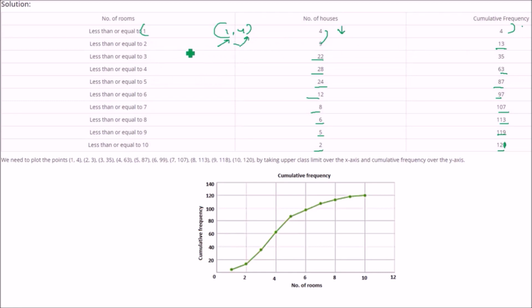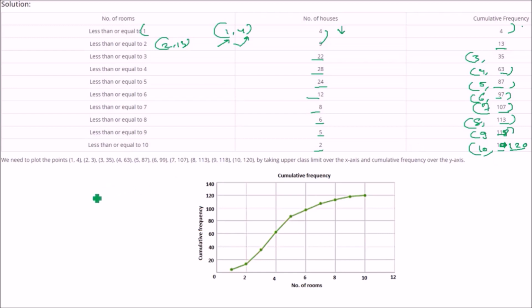Similarly, 2 and 13, 3 and 35, 4 and 63, 5 and 87, 6 and 97, 7 and 107, 8 and 113, 9 and 118. 107 plus 6 is 113, 113 plus 5 is 118, and 118 plus 2 is 120. I made it 121 earlier; let it be 120. So this will be 10 and 120. These are our x, y.